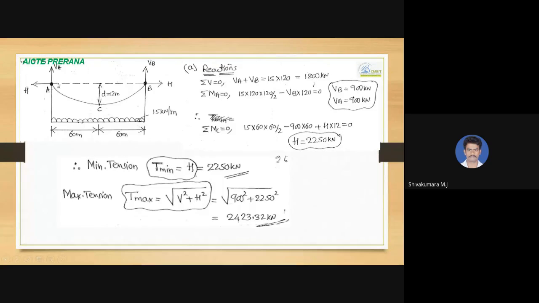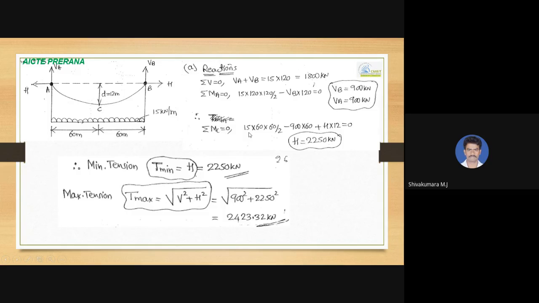If you take VA into perpendicular distance 60, trying to rotate in clockwise direction, positive. H into perpendicular distance 12 meter, trying to rotate in anti-clockwise direction, so that is minus. Then 15 kilonewton per meter into span 60, 15 into 60, which will act at 60 by 2, trying to rotate in anti-clockwise direction, negative.